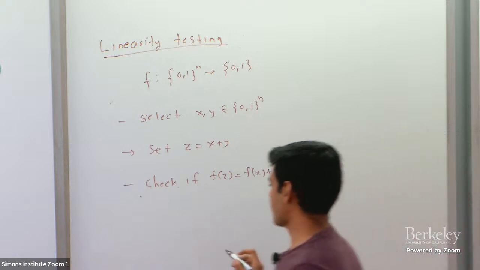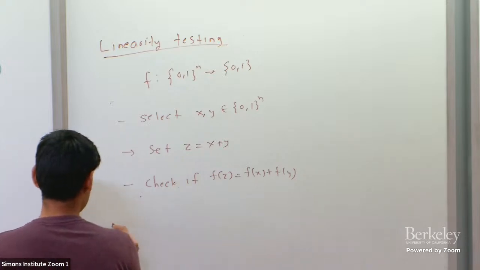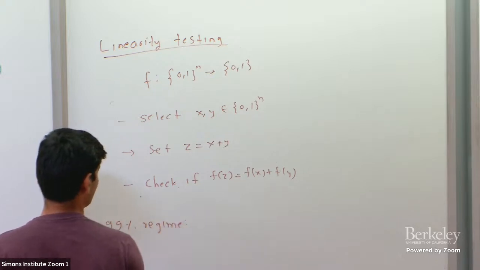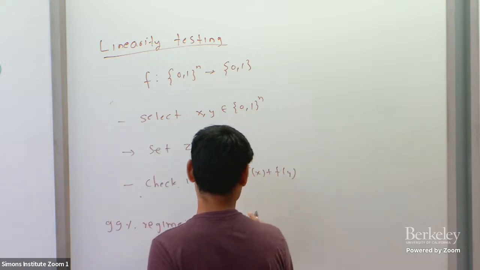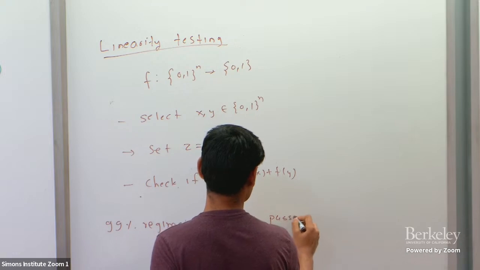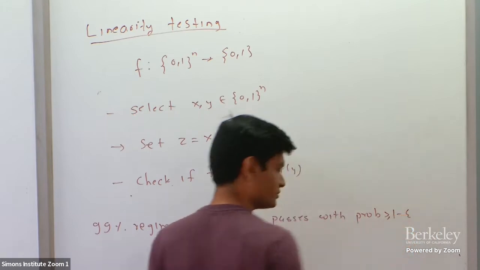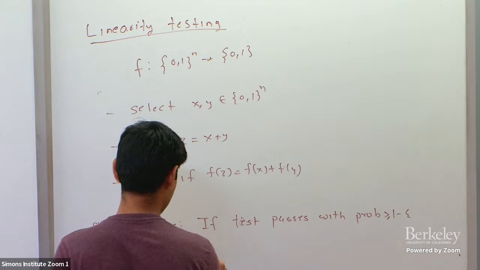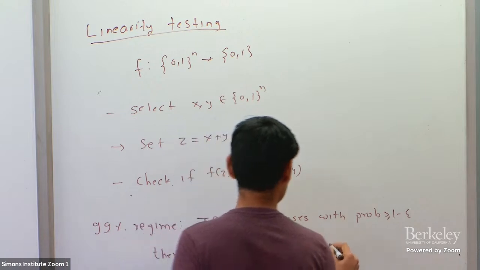And there are two interesting regimes. One is the high acceptance probability, and one is the low acceptance probability. The high acceptance probability regime is called the 99% regime, which is basically: if the test passes with probability at least 1 minus epsilon, where epsilon is a small constant, then deduce that f is close to a linear function.